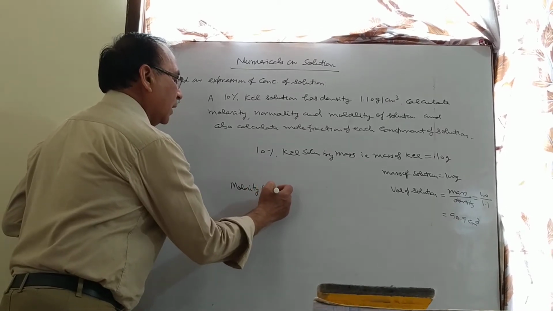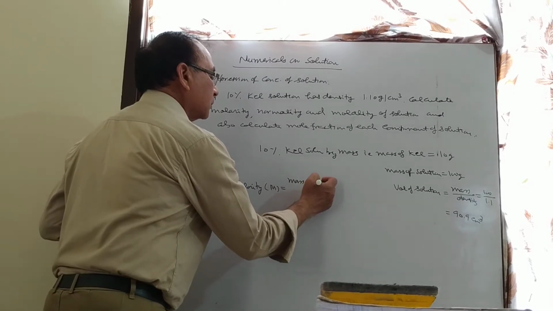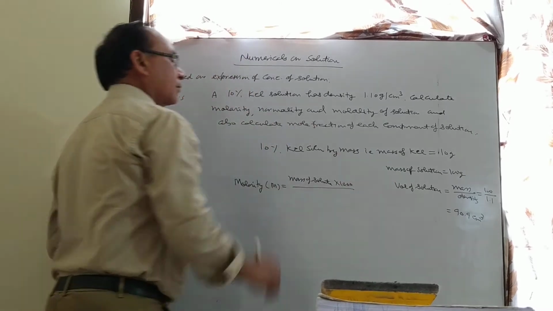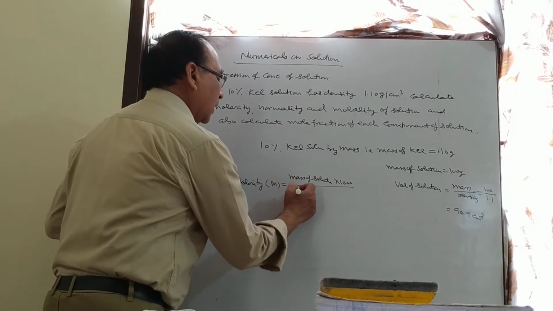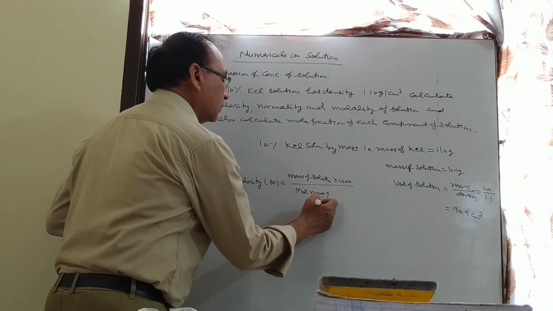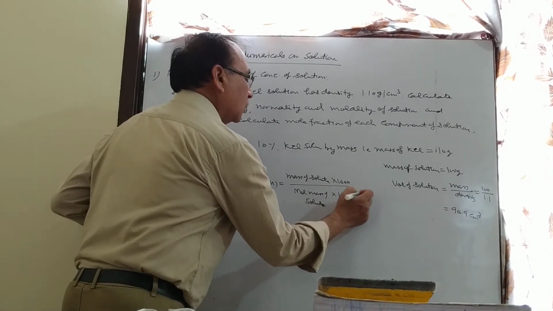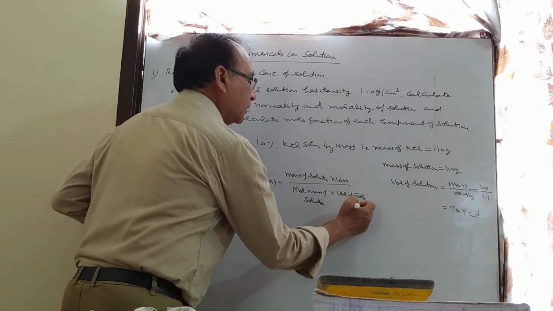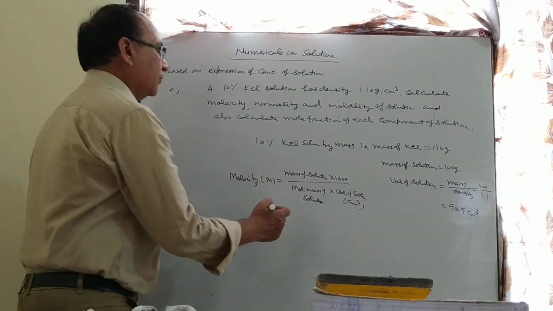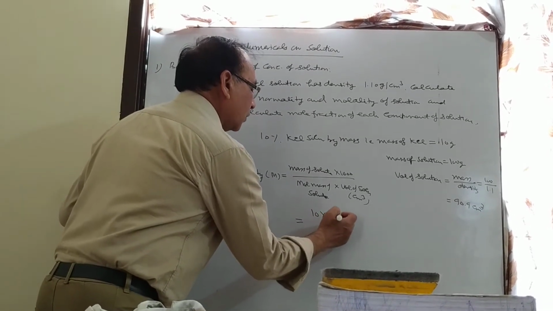Formula of molarity is mass of solute into 1000 divided by molecular mass of solute into volume of solution, where volume of solution is in centimeter cube. So mass of solute given to us is 10 gram, into 1000.